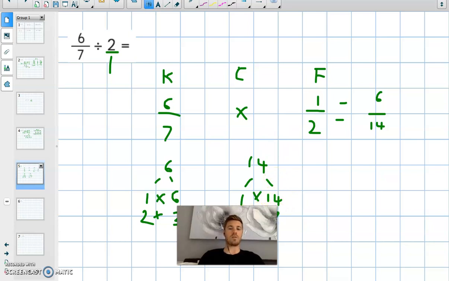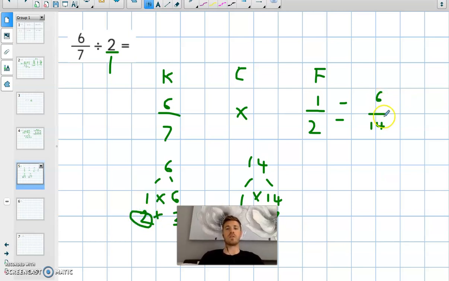Are there any others? Well, could 3 go into it? No. Could 4 go into it? No. Can 5 go into it? No. 6? No. And then we get back to 7. Okay, so highest common factor is 2.